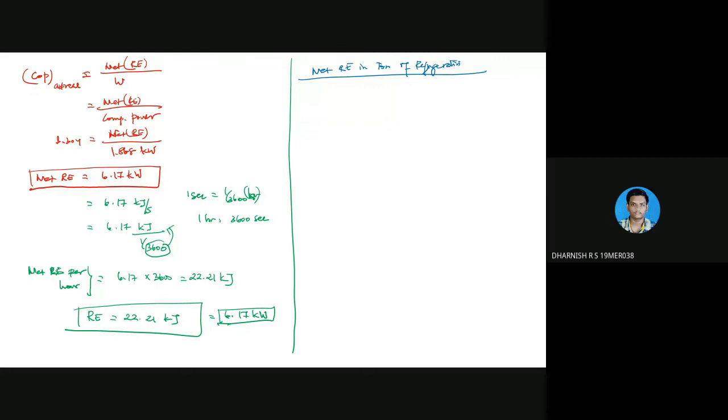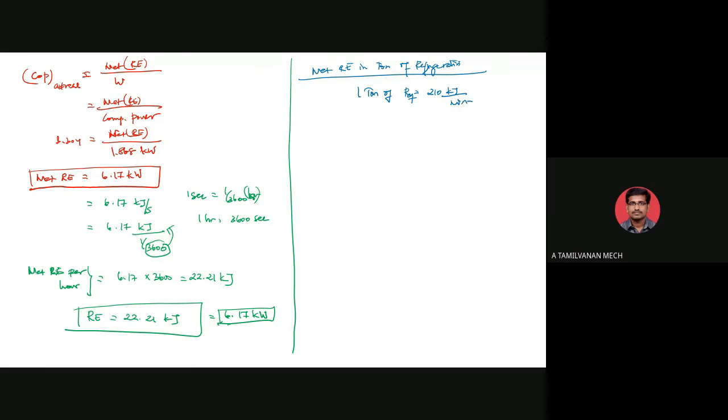No, this is not converting kilogram. I asked here for ton of refrigeration, the unit of refrigeration is ton. Listen, from the previous class I told you that 1 ton of refrigeration is equal to 210 kilojoule per minute. You are going to substitute that particular formula.